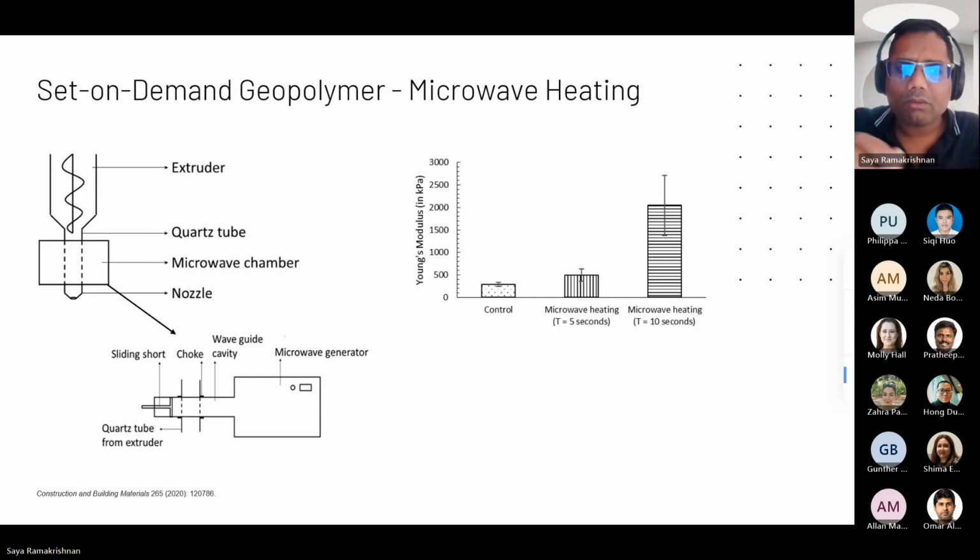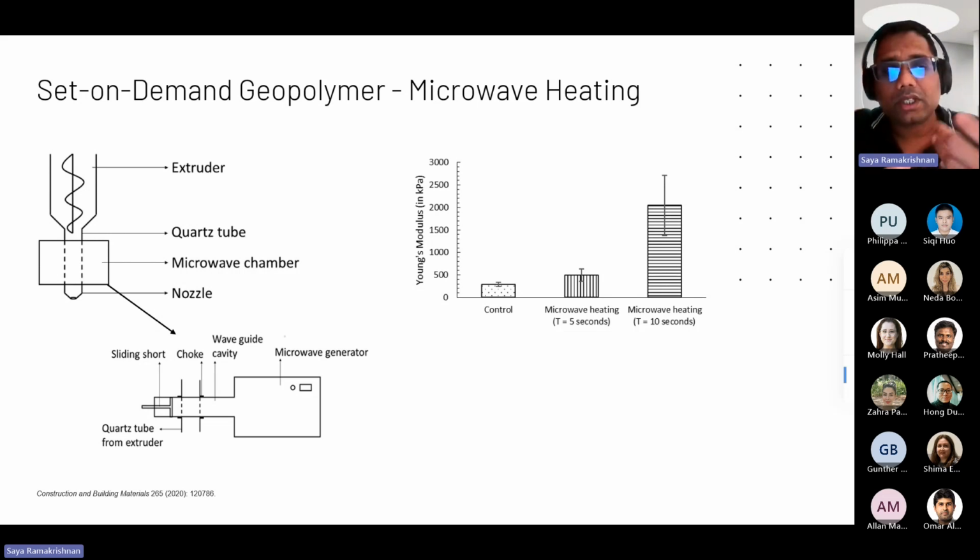We have tested a pilot scale study on how to use microwave heating in the nozzle to print. We developed an in-house microwave heating system that can be attached to the nozzle of the robotic arm. Then we extrude the concrete through the nozzle and see how the rheology of the concrete changes.